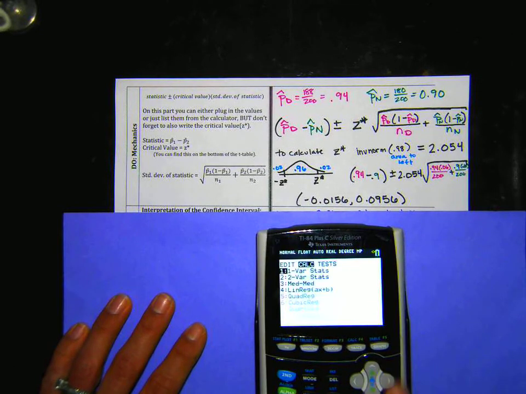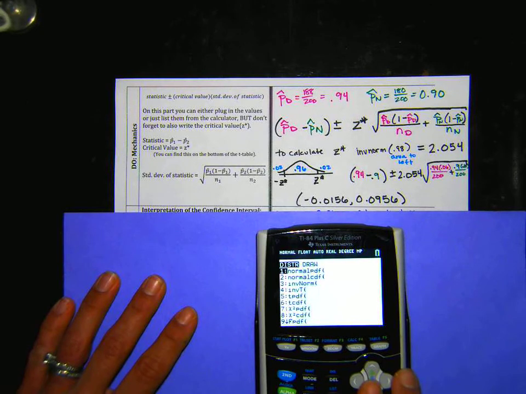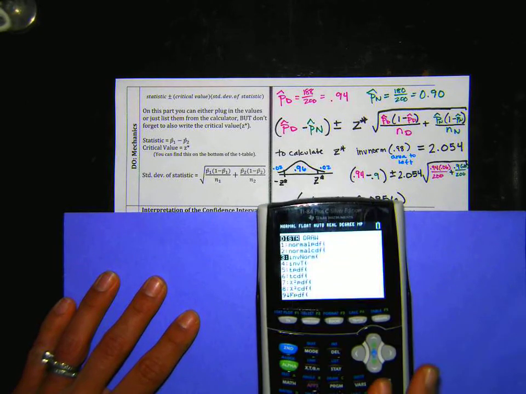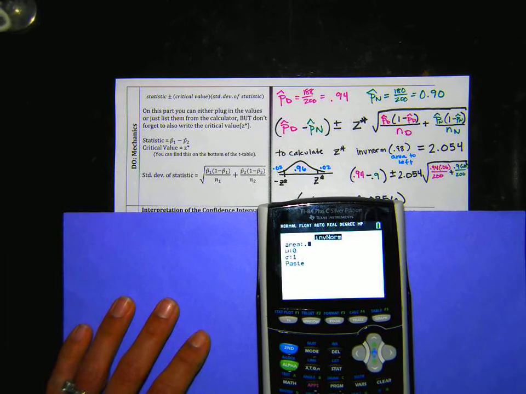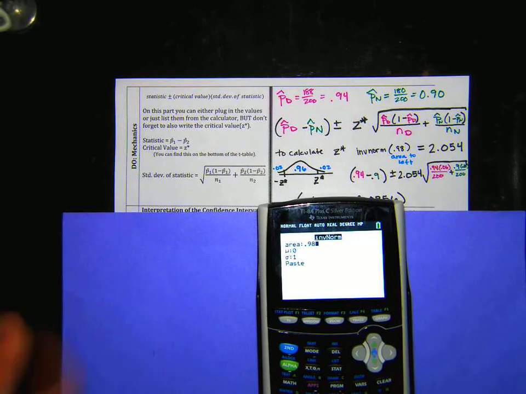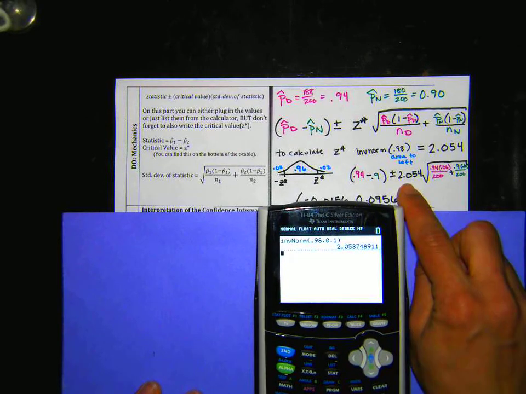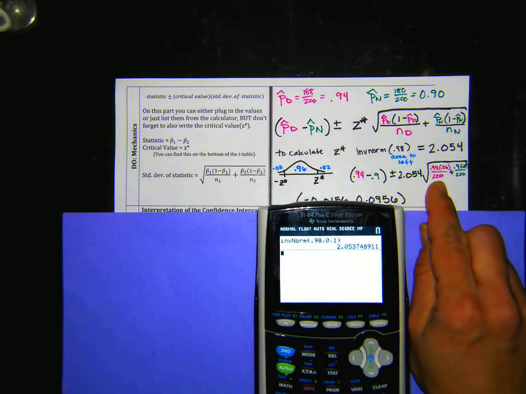If I go to second vars, inverse norm. Inverse norm always uses area to the left, so notice I'm actually typing in 0.98, or I could also type in 0.02, and I get my critical value, which rounds to 2.054.